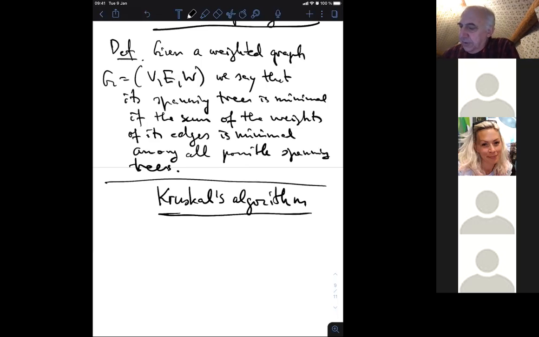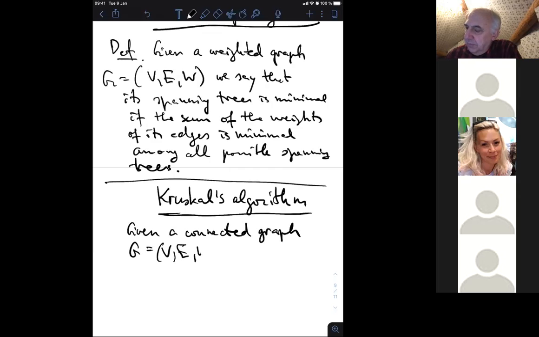So given a connected graph, of course, if the graph is disconnected, there are no spanning trees and nothing to talk about. So we have to assume that our graph is connected. Given a connected graph G, which is V, E, W, with positive weights on its edges, do the following.